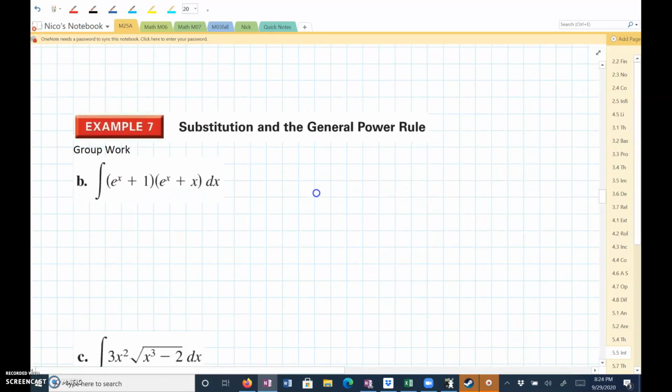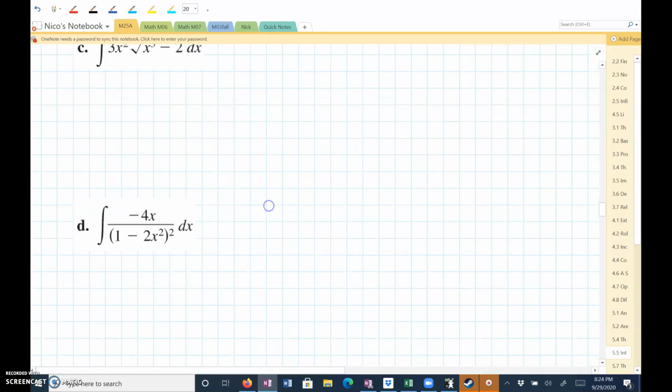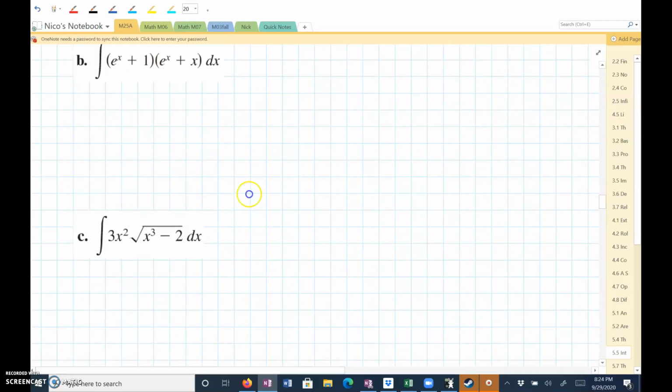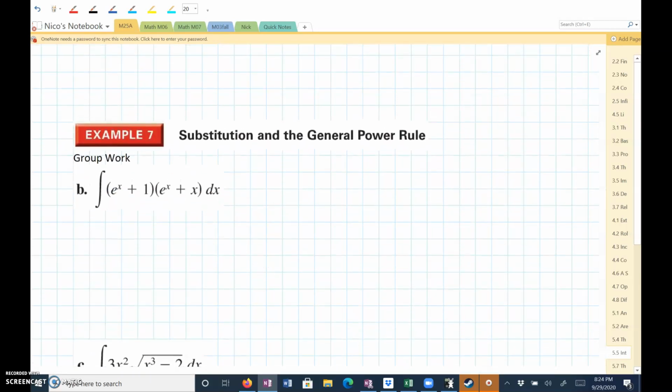Let's look at example 7. There's a few of these here. So we're either going to let this one be u or this one be u. So it's really trial and error. I'm going to let e to the x plus x be u, because when I take the derivative of u with respect to x, the derivative of e to the x is e to the x, and the derivative of x is 1.